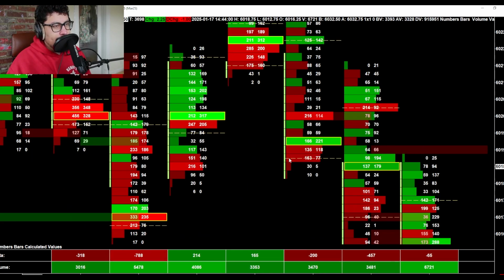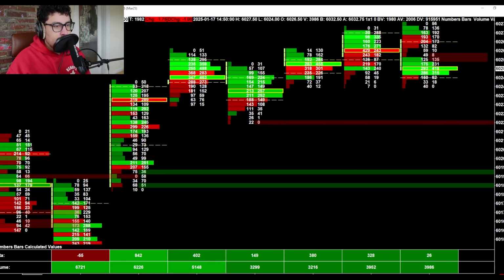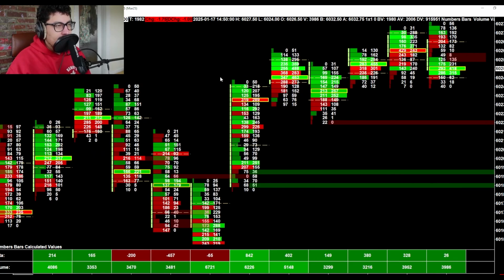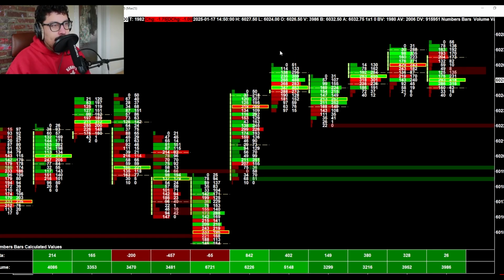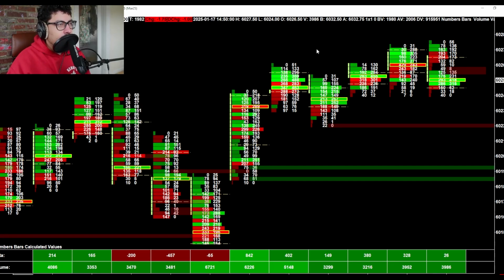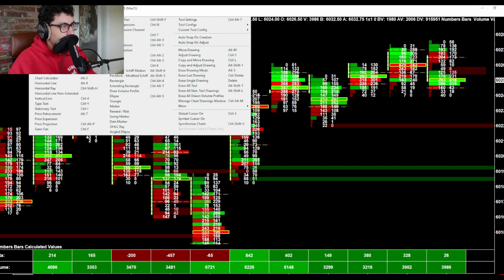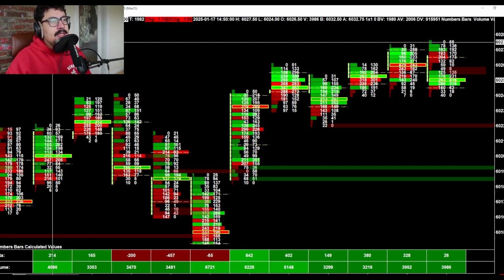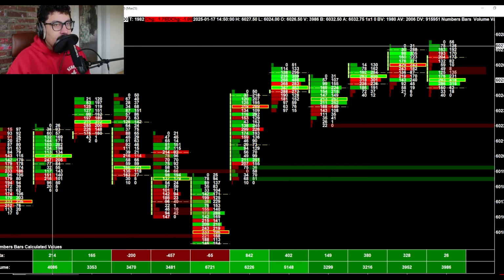Absorption, I don't want to speak on it technically, but basically it's when price is going up, and you can see this on the heat map too, on Bookmap. Say price goes up into a level. Let's say this is a key level for whatever reason, maybe you've identified a lot of volume here, maybe it's a high.